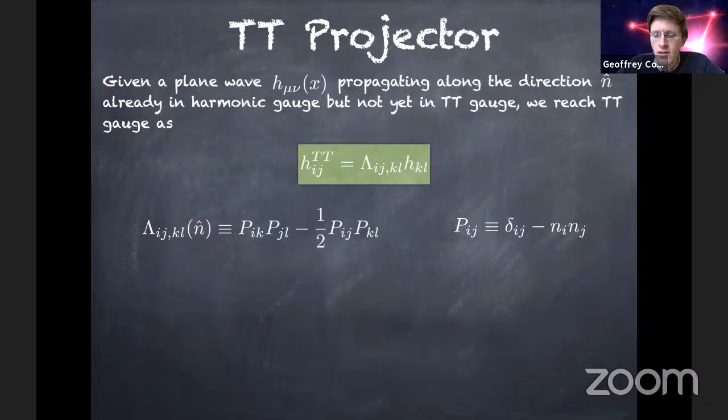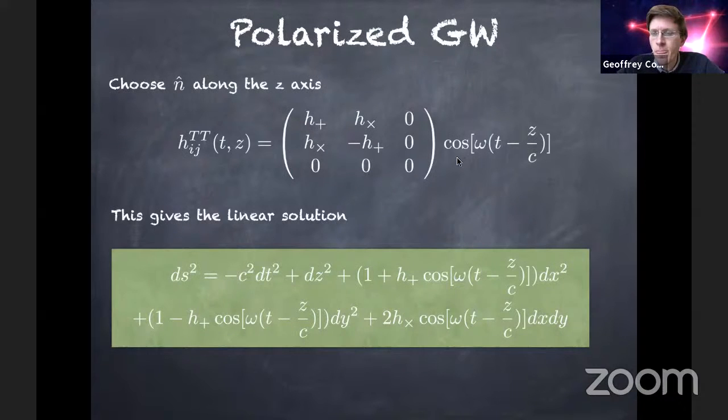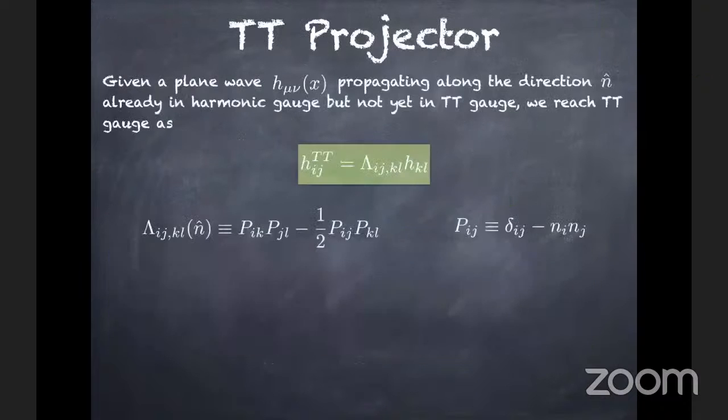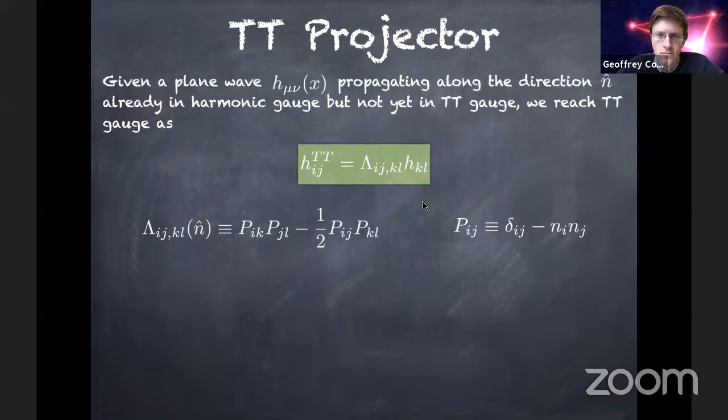So this one is a plane wave because it's just an overall cosine, and it's the simplest one to look at. But now, it's a linear series, so you can do a combination of such plane waves. So with a combination of plane waves, you can do any type of wave you want. And for the TT projector, for example, I think you can take spherical coordinates, and then at each point on the sphere, the n is the normal to the sphere at that point, and then the projector projects onto the plane tangent to the sphere, right? Yes. Mm-hmm.